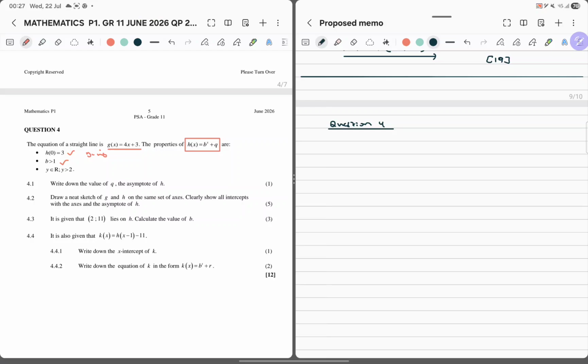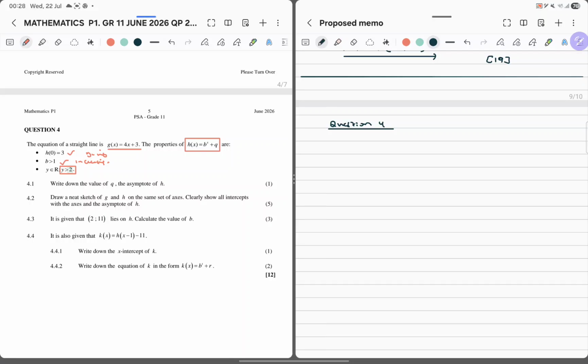It's an increasing function, because we see that the coefficient is an invisible one, so this graph is increasing. So this is a graph that increases above the horizontal asymptote q. Now we're told here that y is an element of the real numbers, but y must be greater than 2. So it means 2 is the cutoff. So that's our asymptote. So q must be equal to 2.